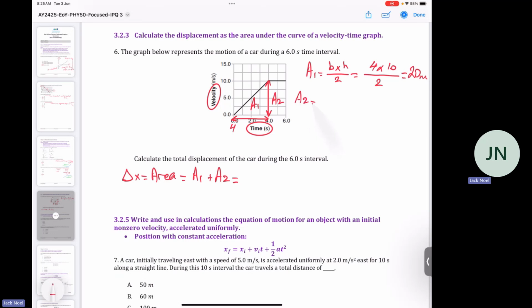Now, area 2 is a rectangle, so we have length times width. Length is 10, width is between 4 and 6, it's 2. So 10 times 2 equals 20 meters. So we have 20 plus 20 equals 40 meters.